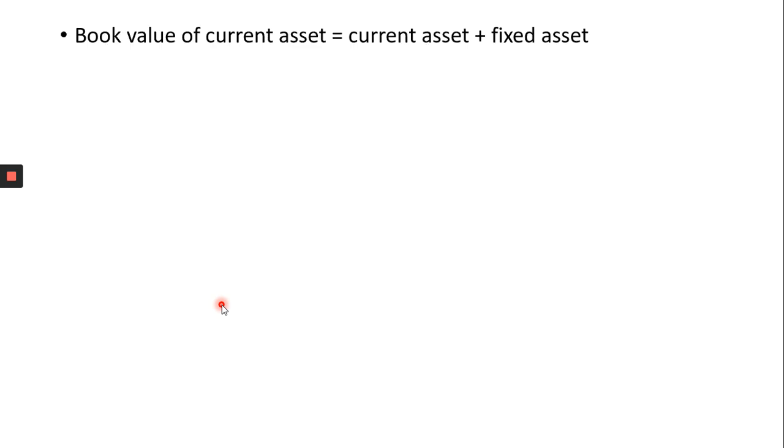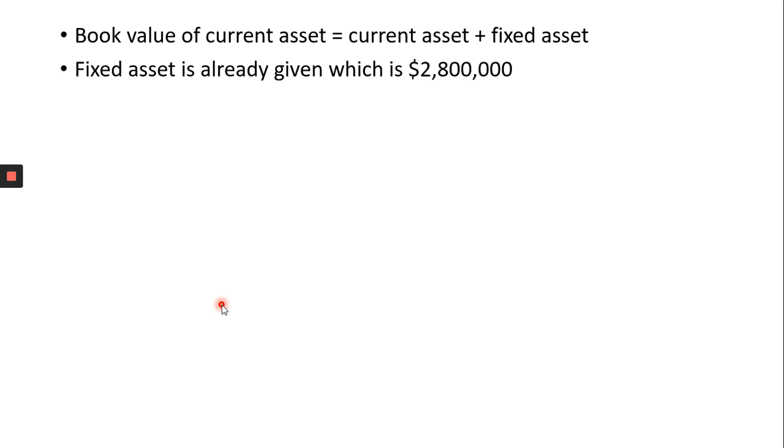So let's answer the question. We know that the book value of the asset is the current asset plus the fixed asset. The fixed asset is already given in the question, which is 2.8 million. So we need to find the current asset first in order to calculate the book value.